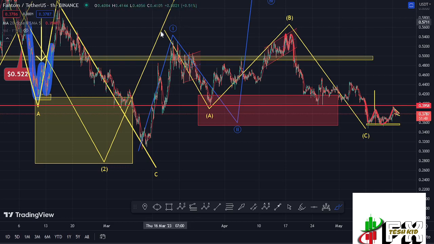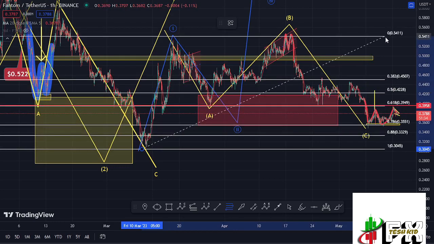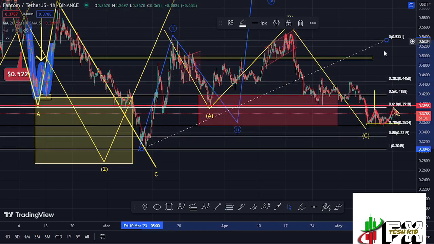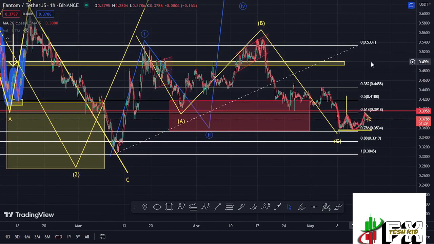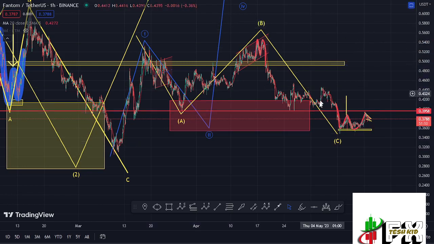And having seen the formation of that first wave, whatever we expected next was a corrective structure in the formation of this wave 2, and using the Fibonacci's, connecting them from the low of the first wave to the high of that wave 1, that gave me a minimum retracement area for that wave 2 between the Fib level 0.5 and the Fib level 0.78, which is a target area that lies between the $0.4188 mark and the $0.3534 mark.